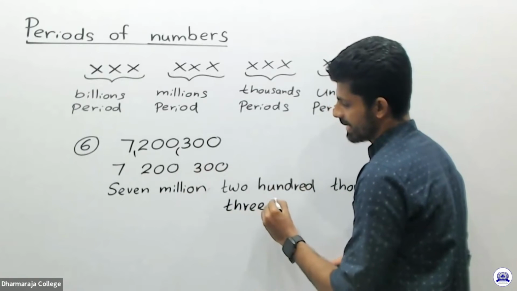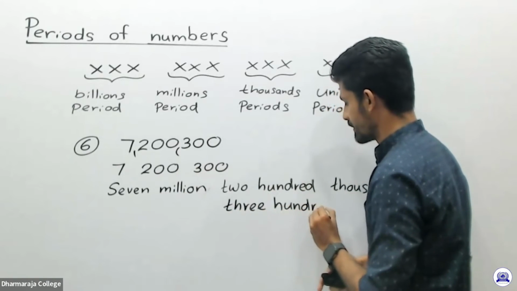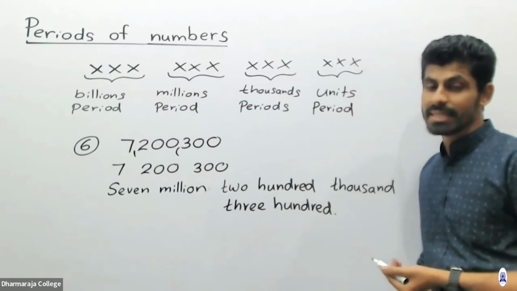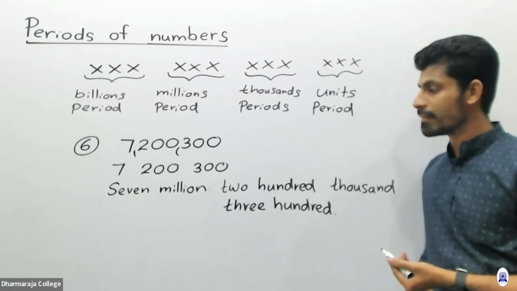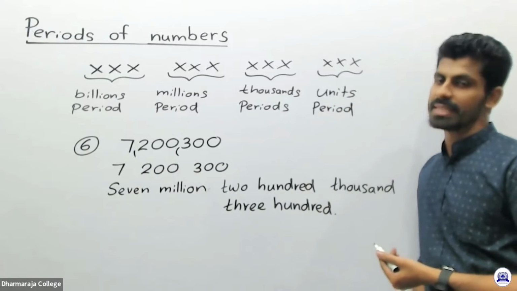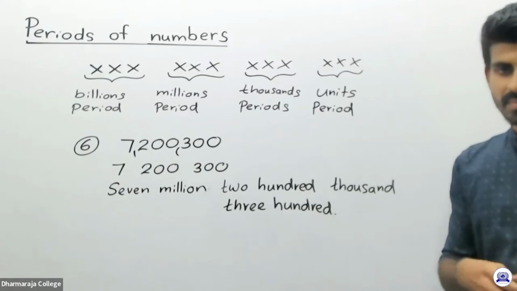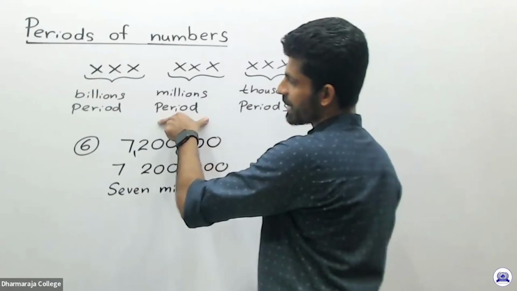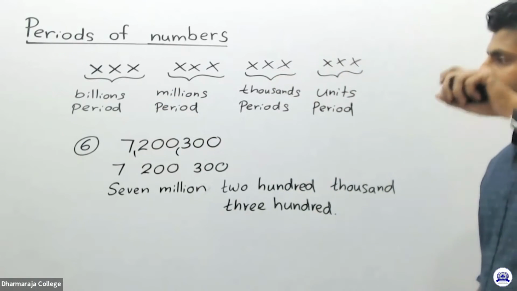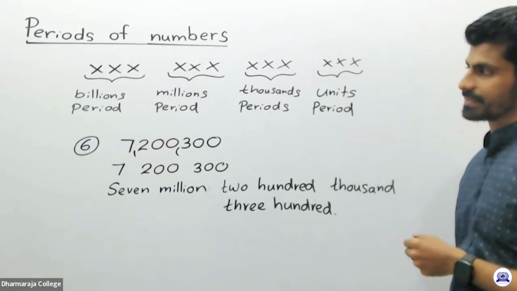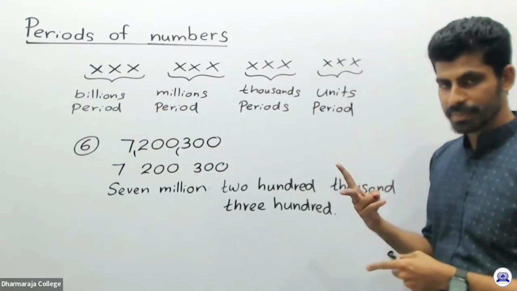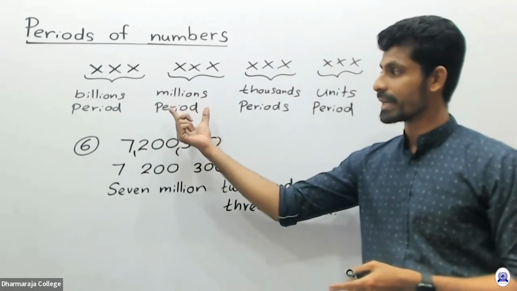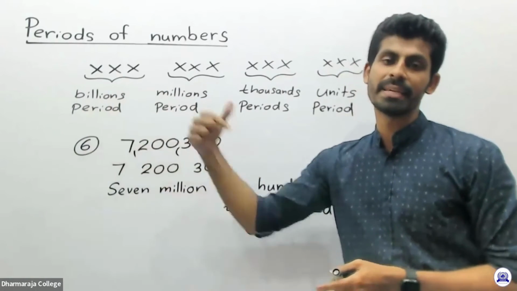Very easy. That is the millions period. Shall we discuss another two examples from the millions period and the billions period?